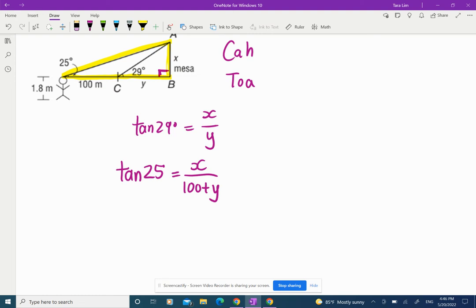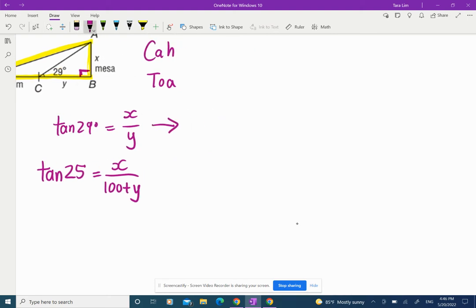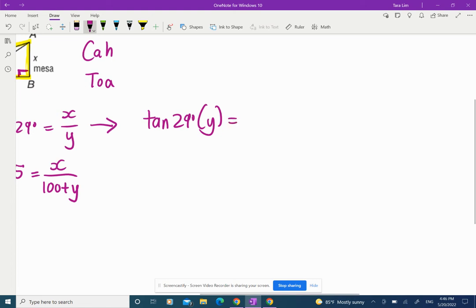So I'm going to use substitution in order to find x. I am going to substitute x here. So I'm going to change this into tan 29 degrees times y is equal to x.